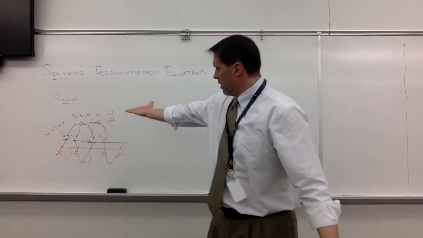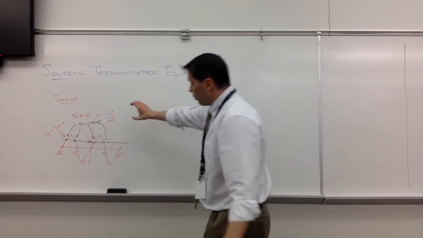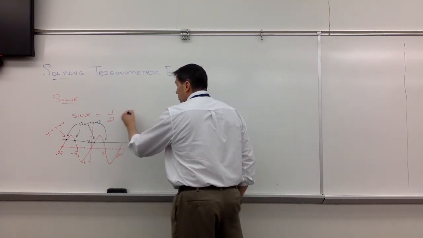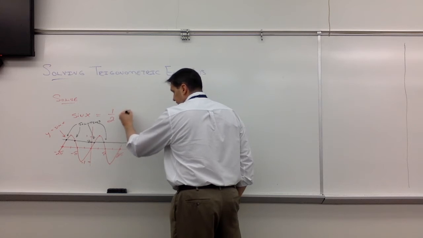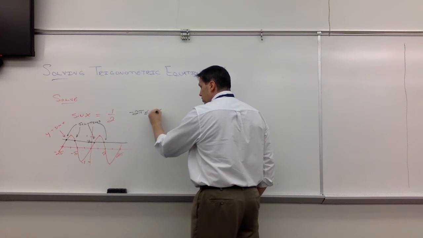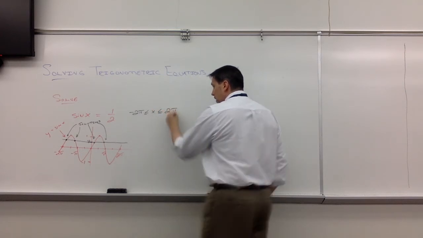Now don't say, oh, there's 4 solutions to this. Well, there's 4 solutions to this equation if you are solving under the restriction -2 pi is less than or equal to x, which is less than or equal to 2 pi.